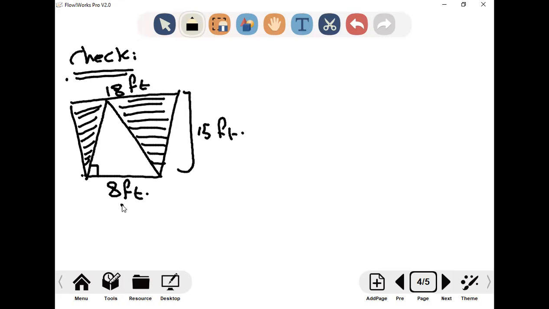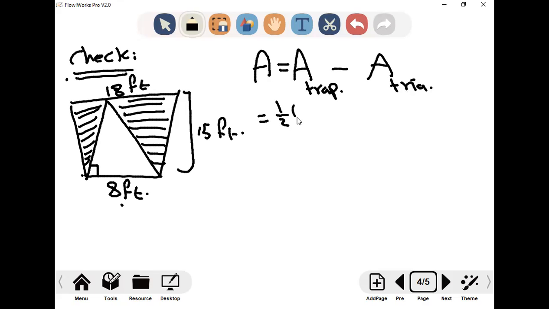Let's apply. So what do we write here? The wanted area equals the area of the trapezoid minus the area of the triangle, right? The formula is applied. This is equal to half, base 1 plus base 2, multiply height, minus the area of the triangle, which is half base times height, right?